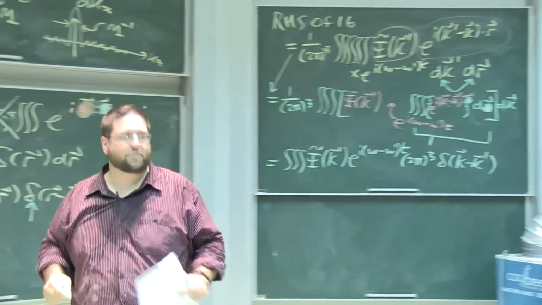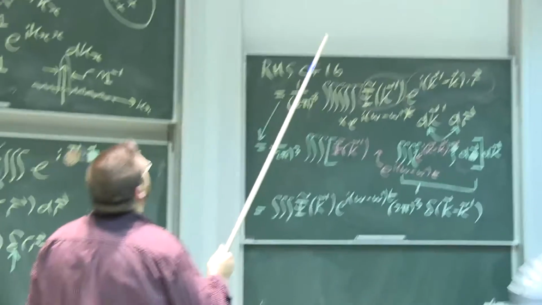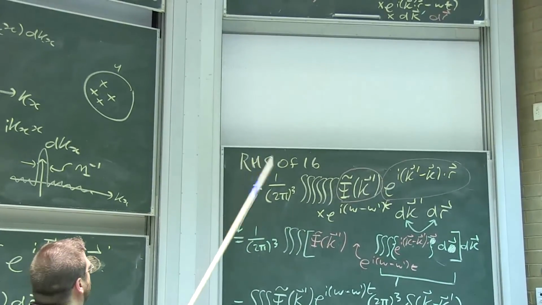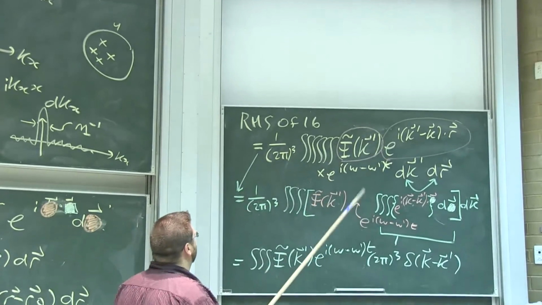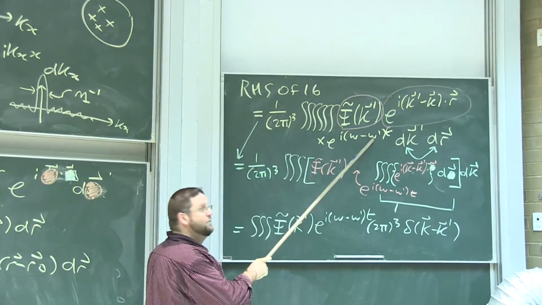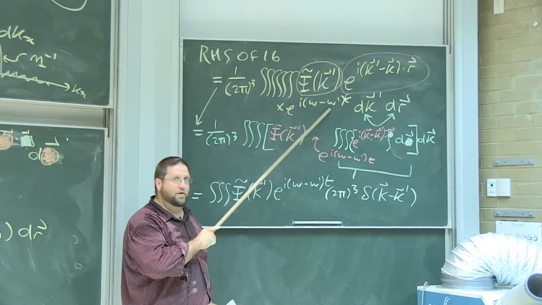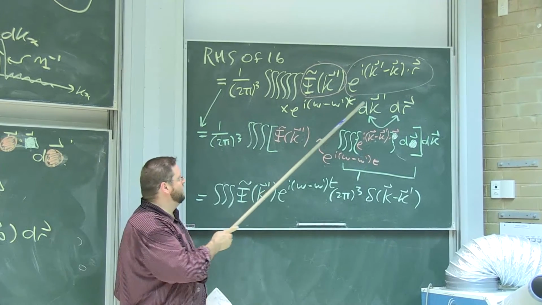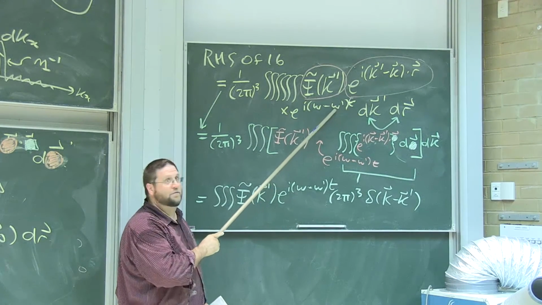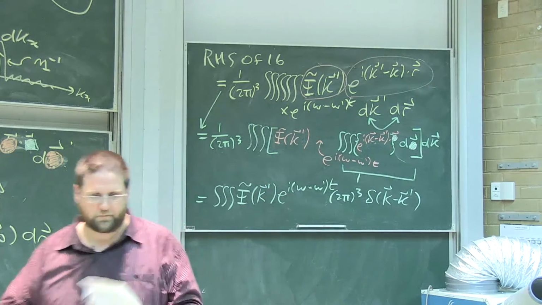By the way, there was something I forgot to mention earlier. This omega was also primed because k was primed, and because omega is a function of k, this omega was primed. Just to repeat, because I primed the k's, and because omega is a function of k, the omega also needed to be primed.